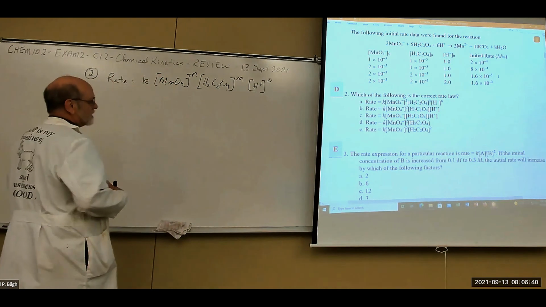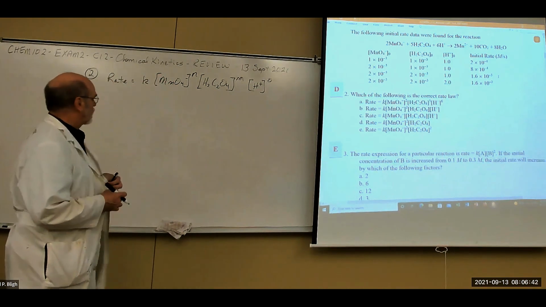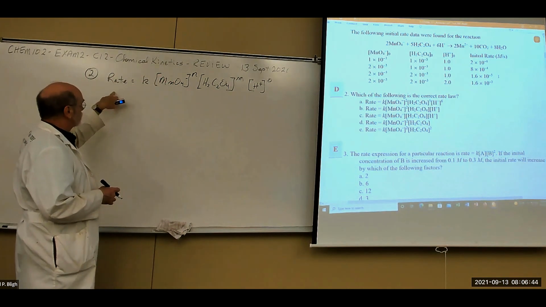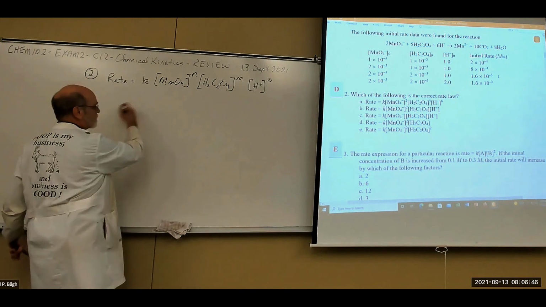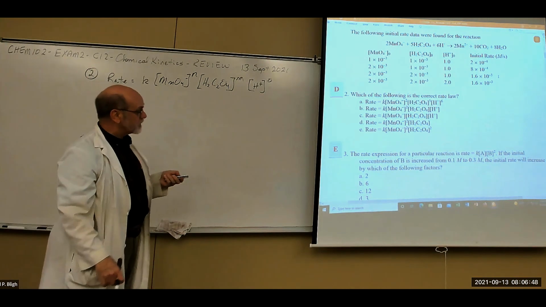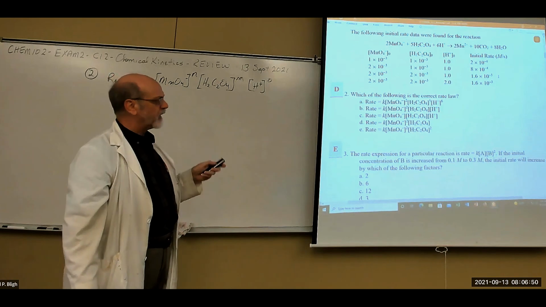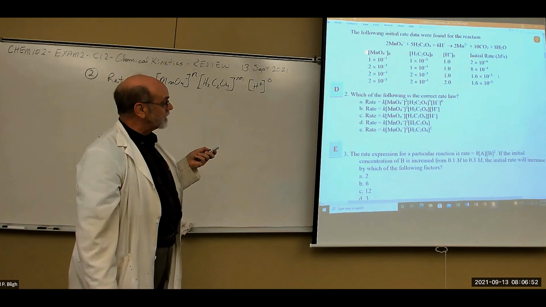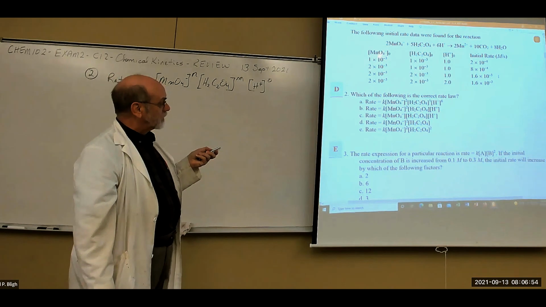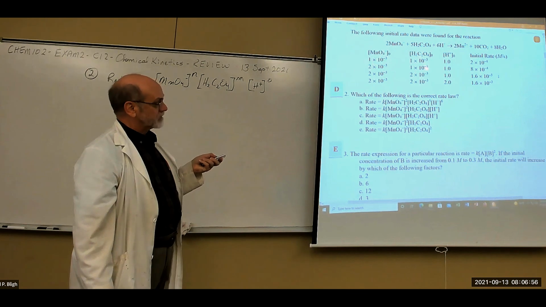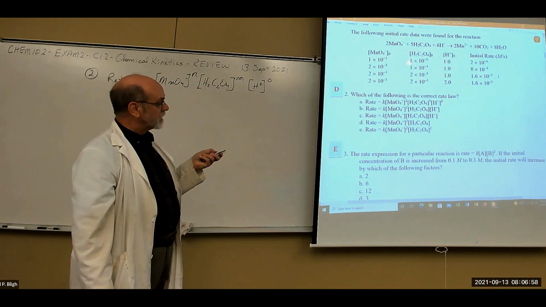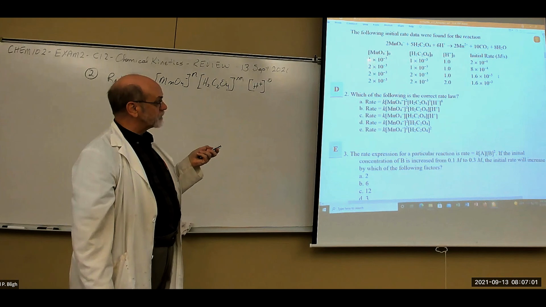So what do we do first? You find out which two experiments you want to compare. We're trying to find the order for this one, so we want that one to change and nothing else. So we'll use these first two.